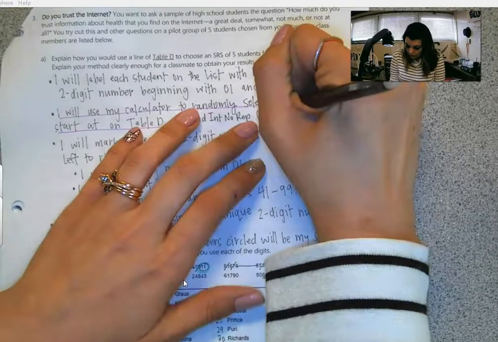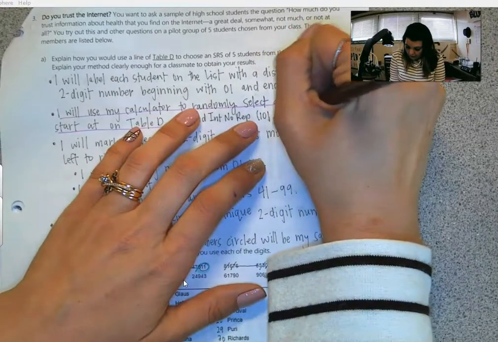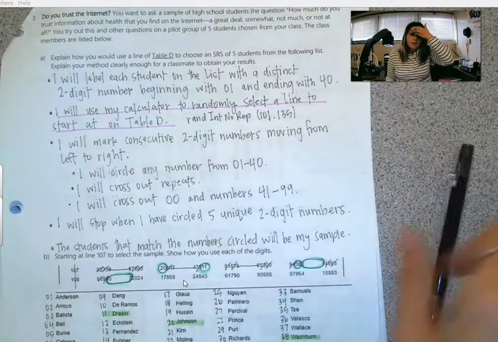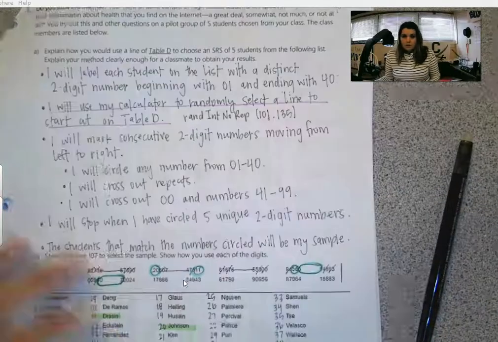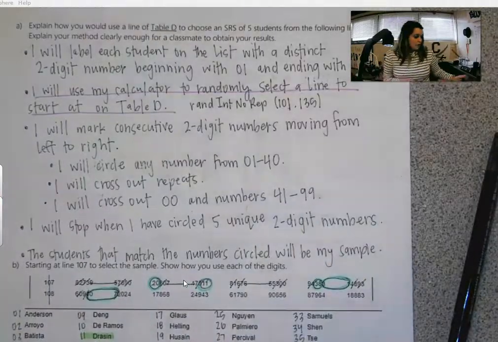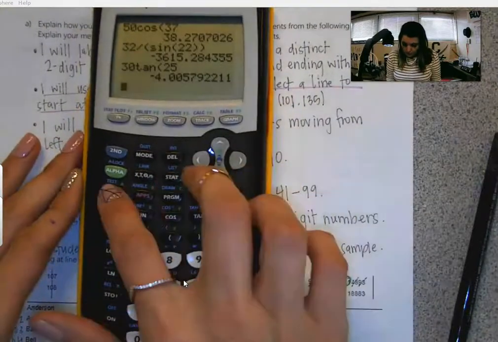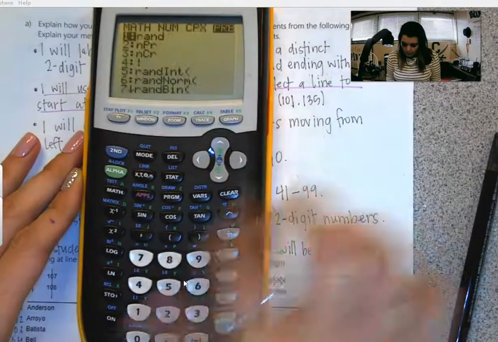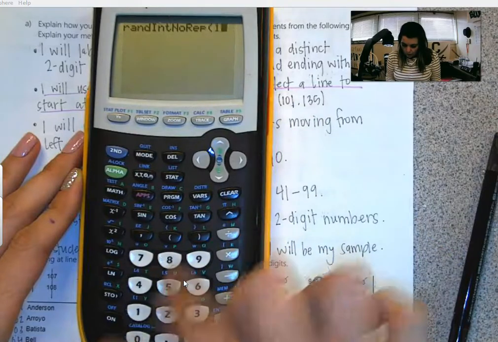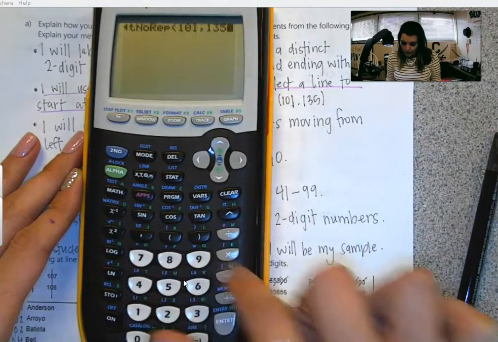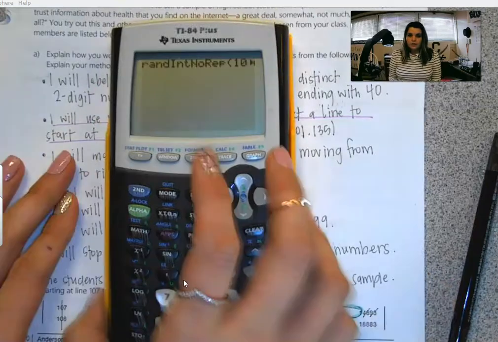101 to 135 and hit enter. So if I do that on the older calculator, I would go to math, probability, 8, 101, 135, hit enter.